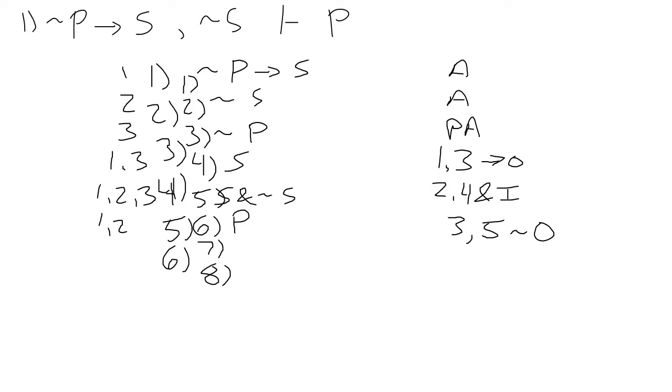Now, if I were to change this proof to, let's see, if I change this to tilde P instead, and then we have to ignore this tilde here, so ignore those. Then it would be the same exact proof with the exception that it would be tilde in instead of tilde out.